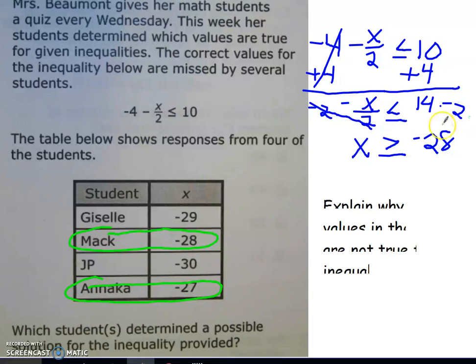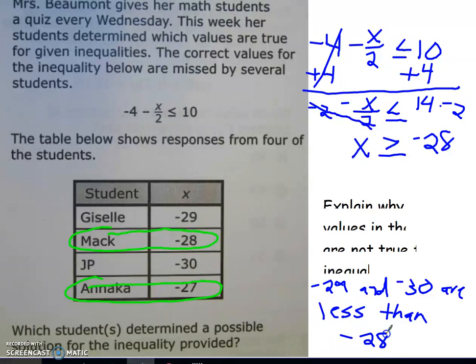Because -29 and -30 are less than -28. Okay, so that's the second part.